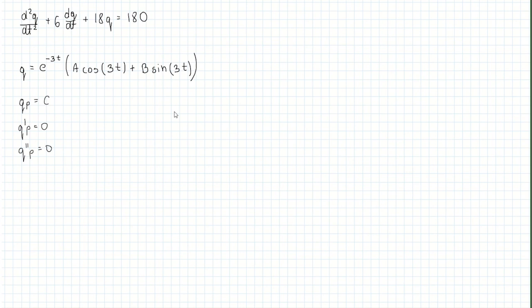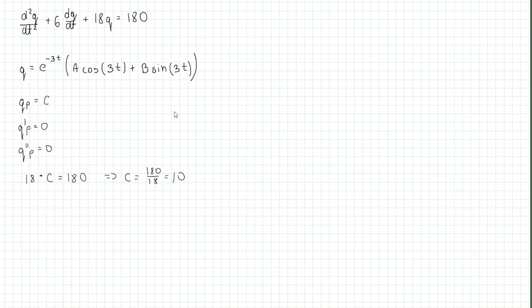We put the values inside the original equation. So we have 0 plus 6 times 0, that is of course 0. We end up with 18 times our particular solution, which is q, that is equal to 180. Therefore, q is equal to 180 divided by 18, which is 10.